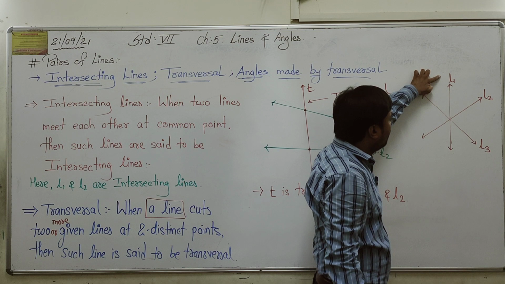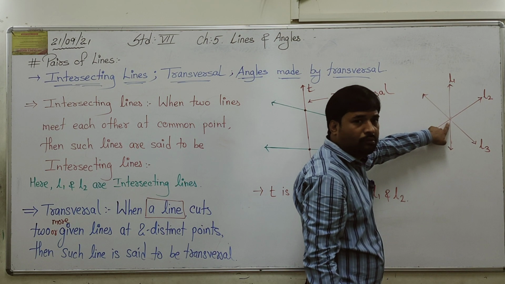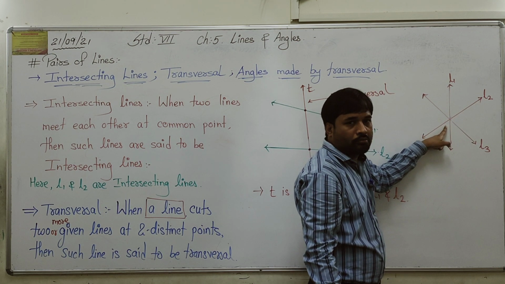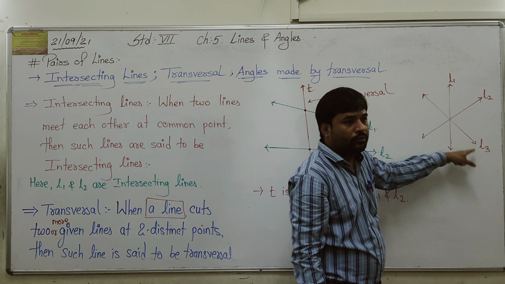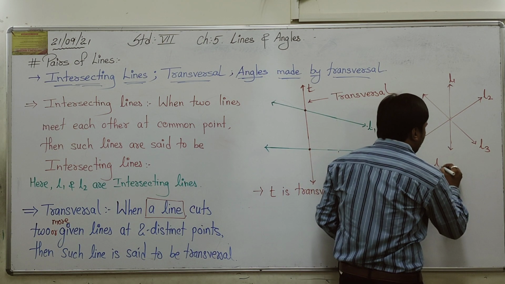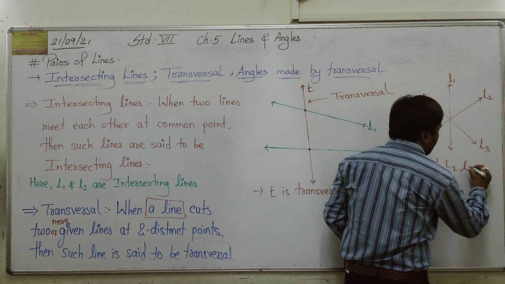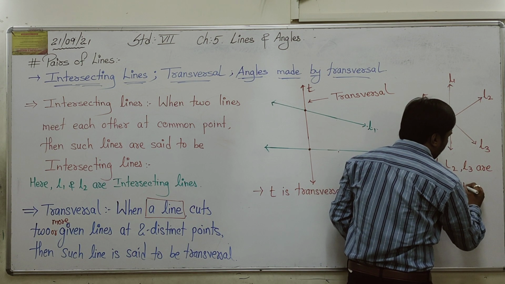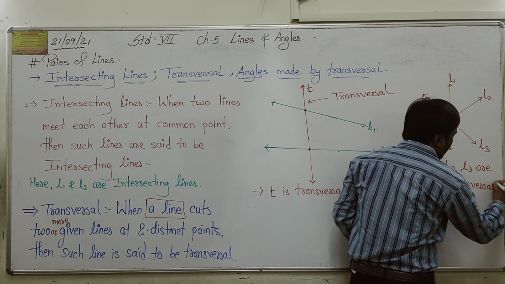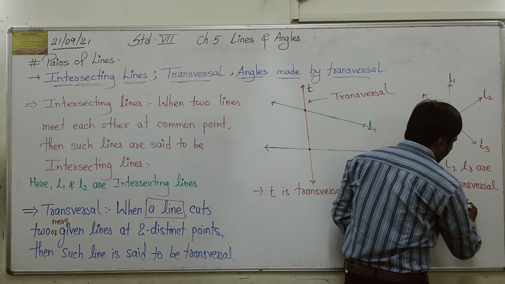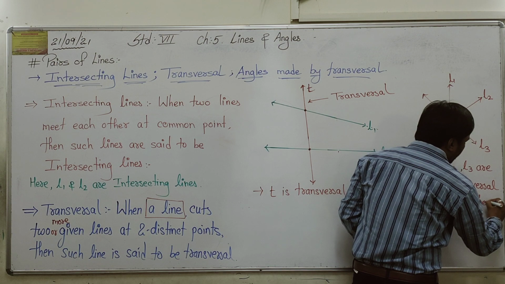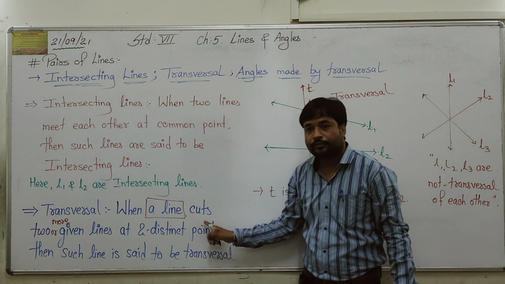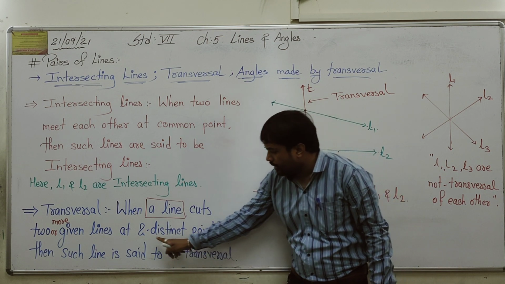Line 1, Line 2, Line 3: no. So L1, L2 and L3 are not transversals of each other, even though they cut. But what is my other condition?